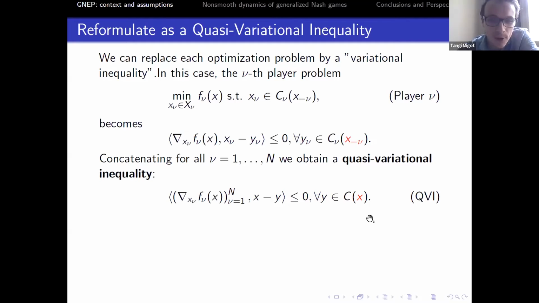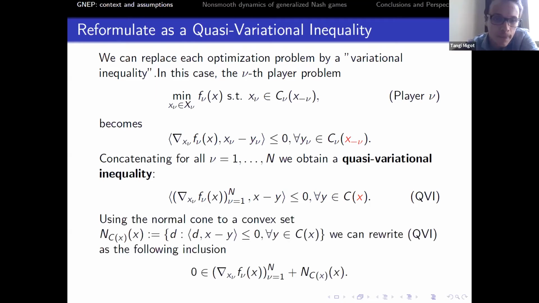And I will rephrase this quasi-variational inequality in a different way. So if you recall, what is the normal cone to a convex set? So here my convex set is C of x. So the normal cone of C of x at x is this set. Then using this, I can rewrite the QVI as an inclusion.